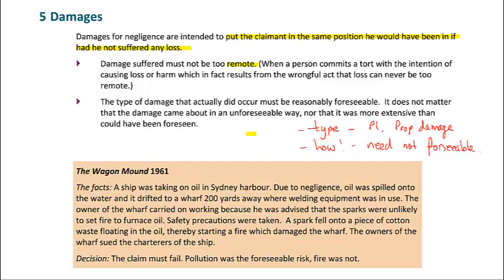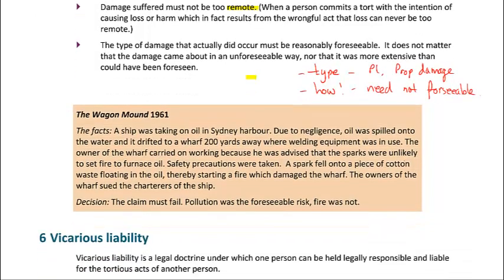And the lead case here is a very famous case called the Wagon Mound. Now, in the Wagon Mound, a ship was being fuelled in Sydney Harbour, and due to negligence of the ship owners, oil was spilled into the harbour. Now, it drifted into the harbour and around surrounding wharfs. Now, as luck would have it, one of the wharfs was being repaired, and the owners were operating welding equipment.